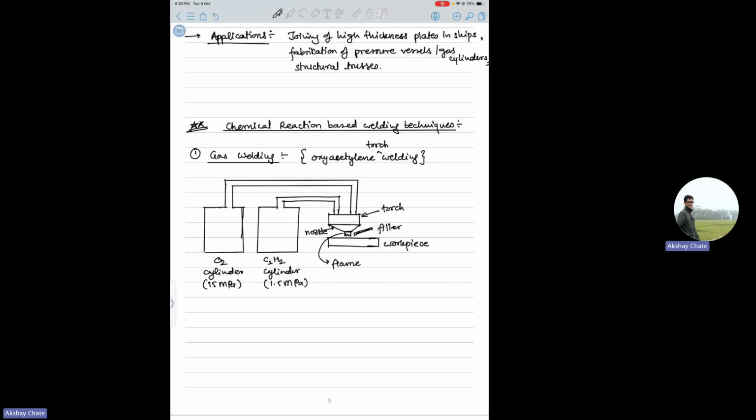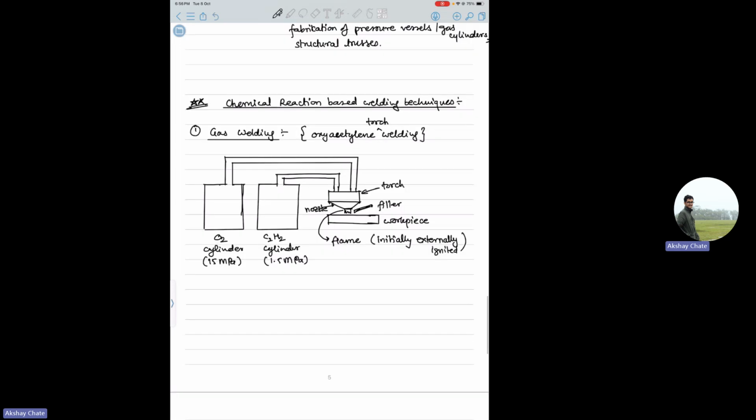What I mean here is that this flame is initially ignited externally, and once it is ignited, it will sustain based on the gas mixture of oxygen and acetylene.